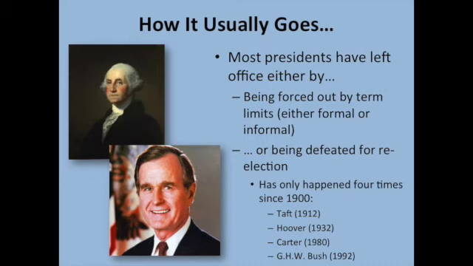Remember, before the 22nd Amendment was passed in the 1950s, a president could technically serve as many terms as he wanted, although following George Washington's example, every president up until Franklin Roosevelt had stopped at 2 terms. But the 22nd Amendment ensured that no president would be elected 4 times. Again, as Franklin Roosevelt had been in 32, 36, 40, and 44.